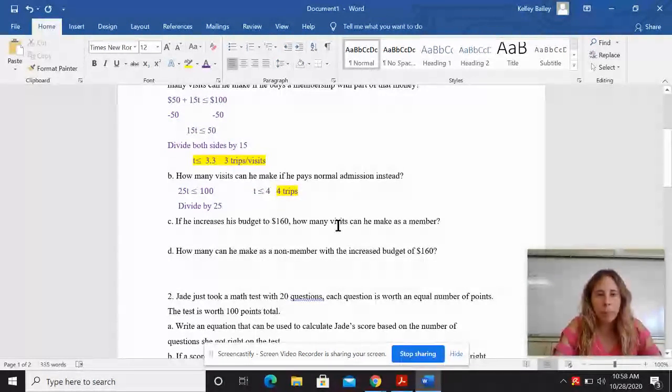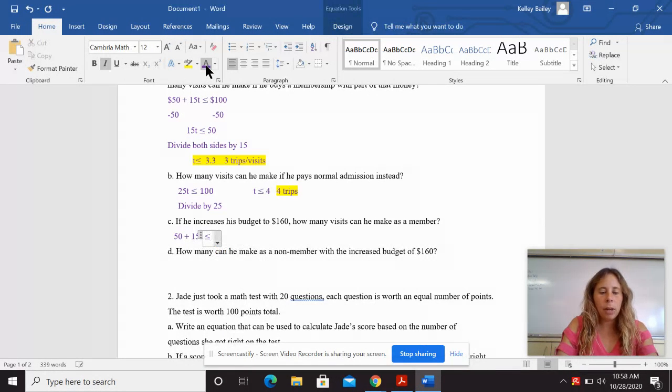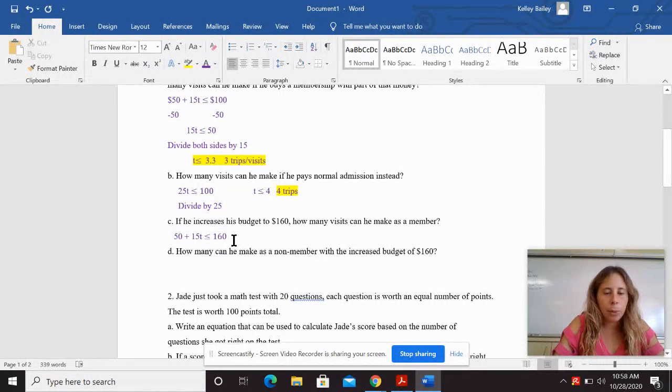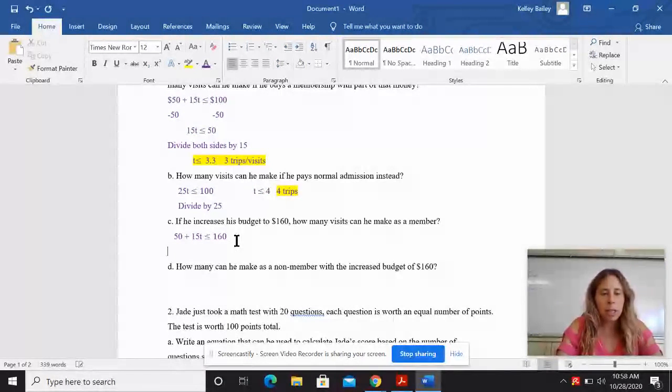And we are a member, so we're going to use the member price, which was the $50 member fee plus 15 each time you go. So 50 plus 15t is less than or equal to 160.